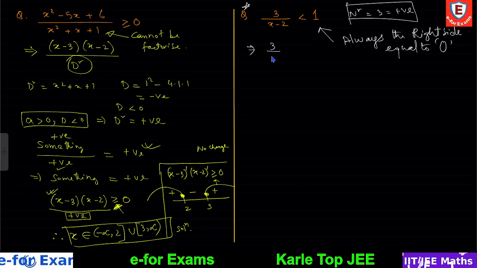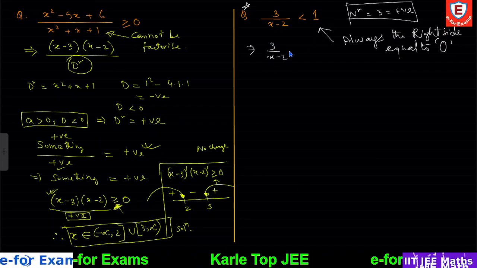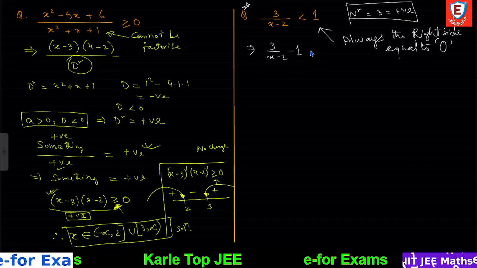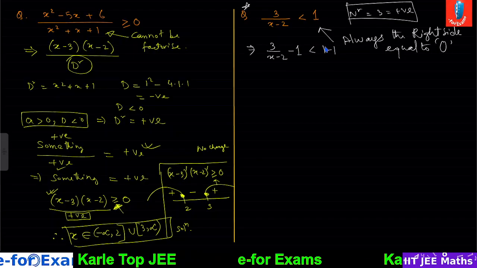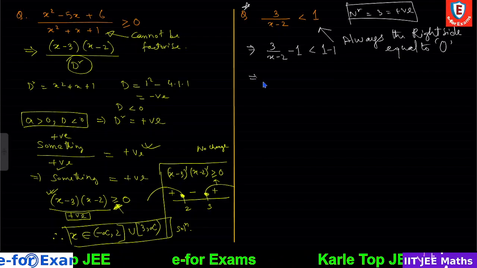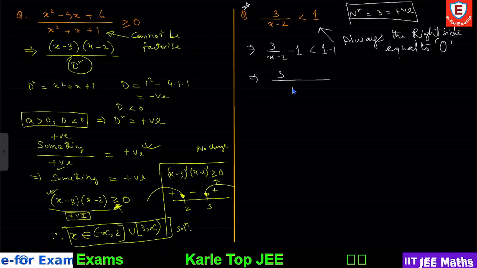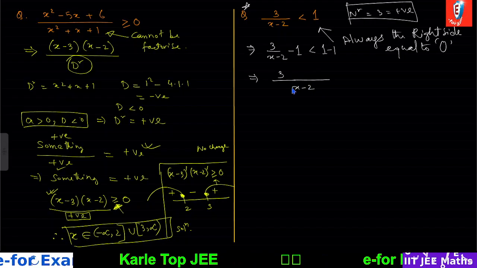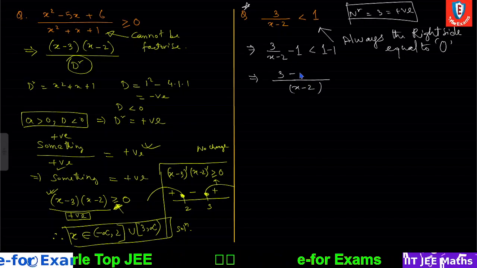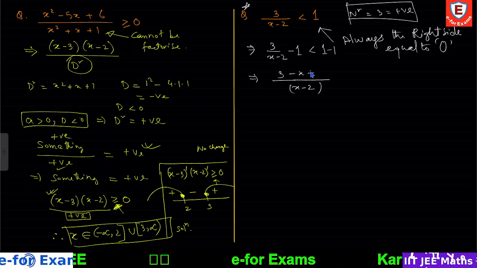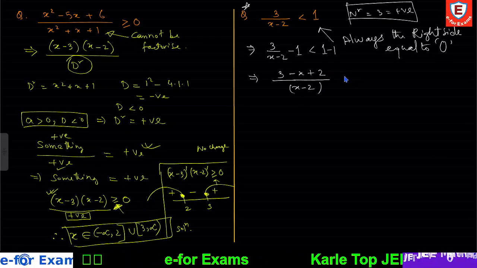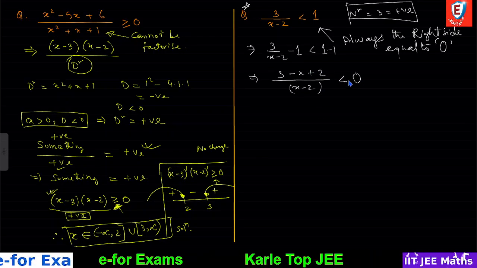So 3 by x minus 2. Subtract 1 from both sides. 1 minus 1 here, right? This implies 3 by x minus 2, take LCM, x minus 2 here, minus x plus 2 less than 0.